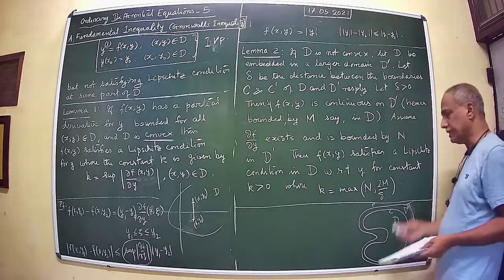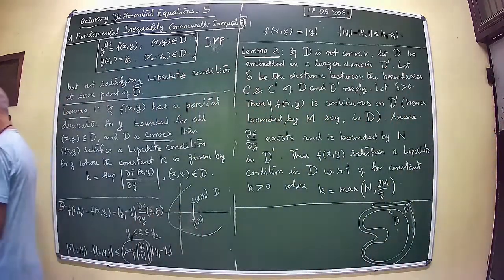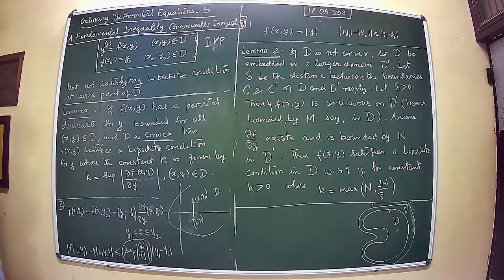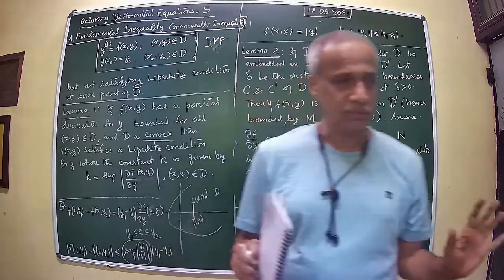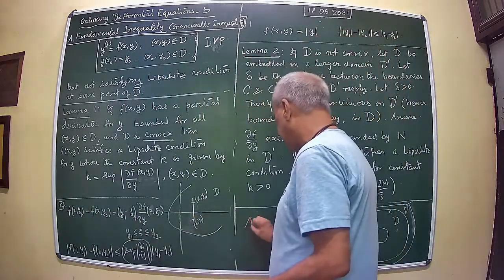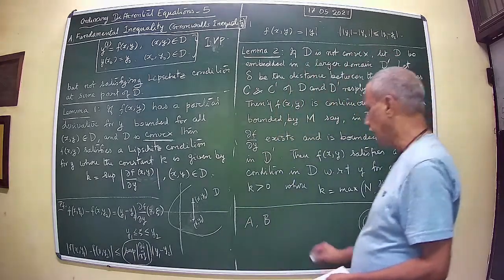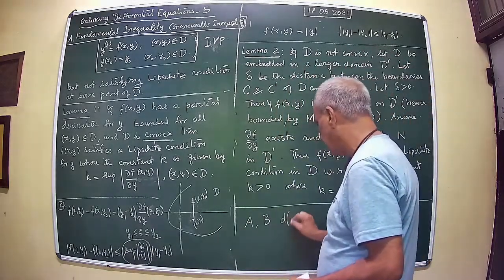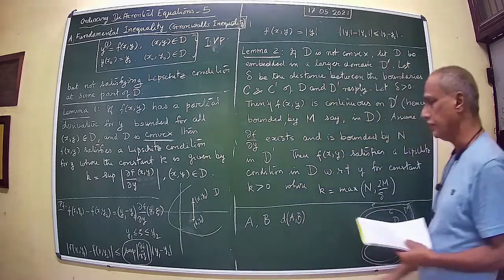Now you take the distance. What is the distance between two sets? Suppose you have two sets in a metric space. Then you can talk about the distance between the two sets. What do you mean by that? Suppose you have a set A, you have a set B in a metric space. Then what is the distance between A and B?